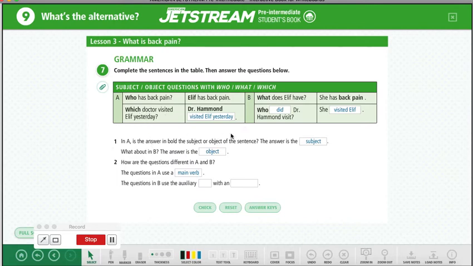In question B, we have the auxiliary do, but in past, did or does, and an infinitive. What's an infinitive? In this grammar or in this program, they call the infinitive the base form of the verb, right? So we call it base verb, and it is the same. Okay, so I hope it is clear, guys.